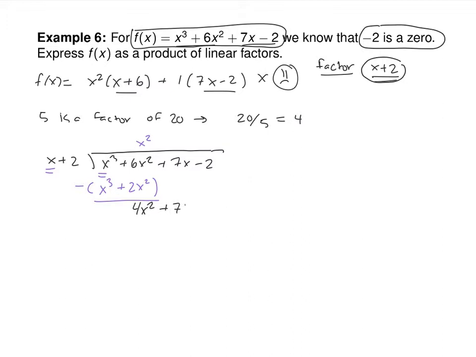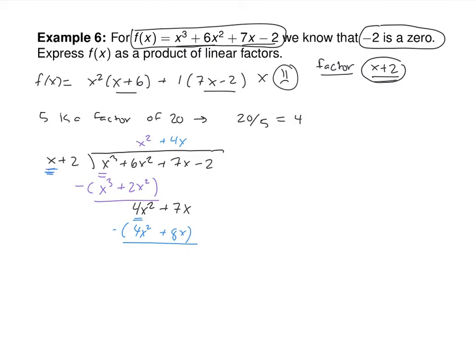Bring down the 7x, and you don't have to bring down the negative 2 yet. All right, what do you multiply the x by to make it match 4x squared? 4x. So 4x squared plus 8x, take it away.